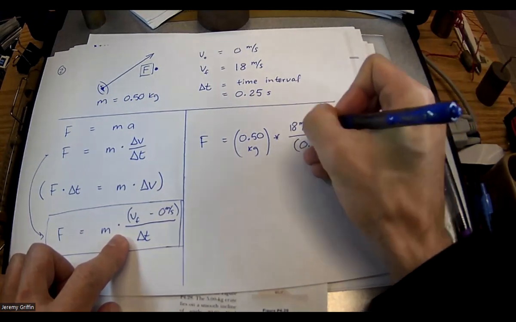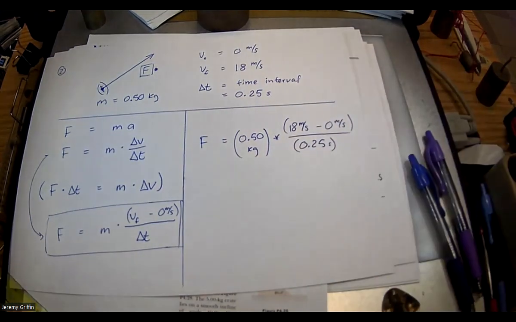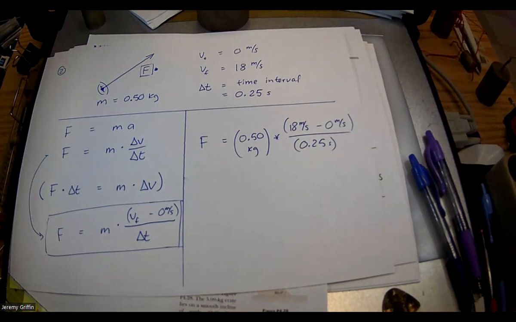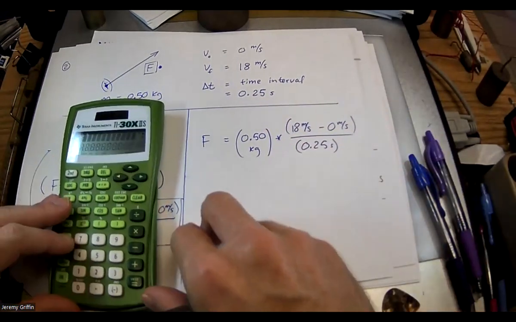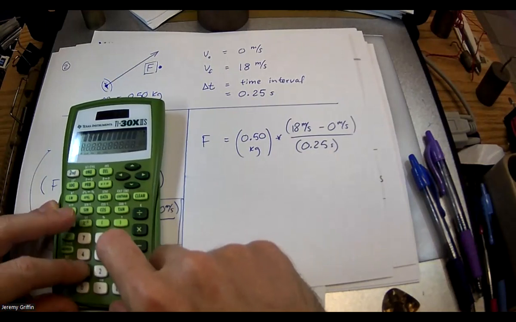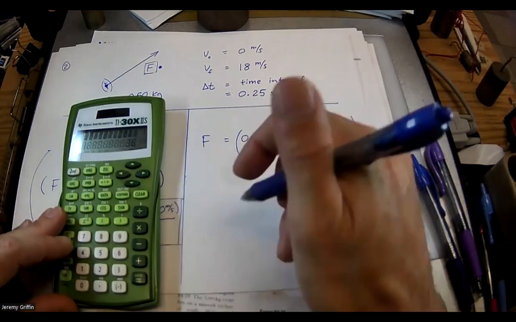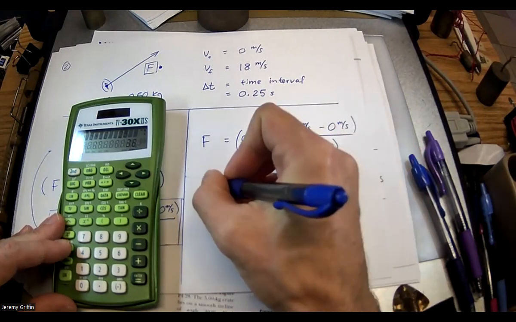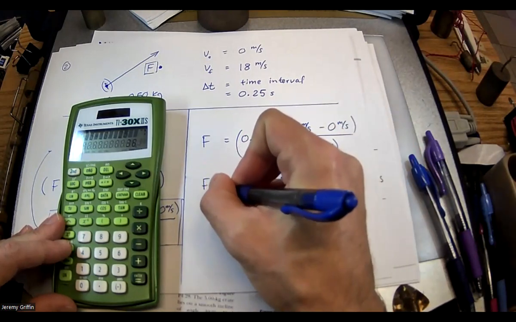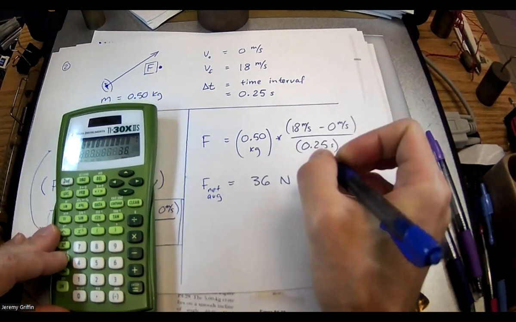I didn't change the numbers very much from their book, so our answers shouldn't be wildly different. Of course, you guys have these solutions posted anyway online, so you have access to those. But I'm looking at this many newtons.